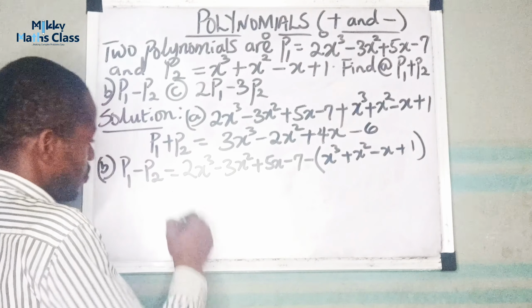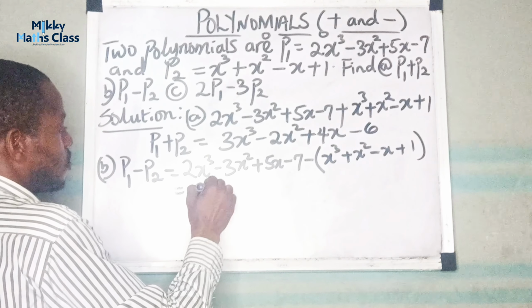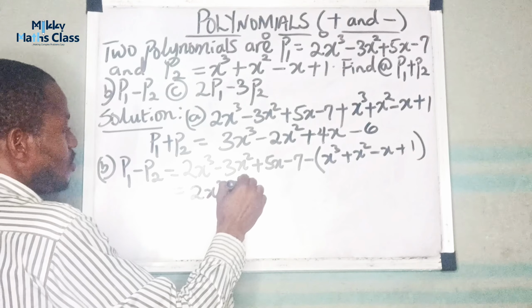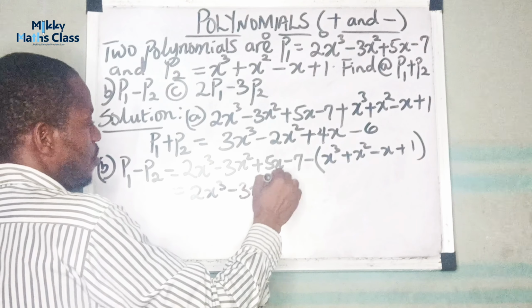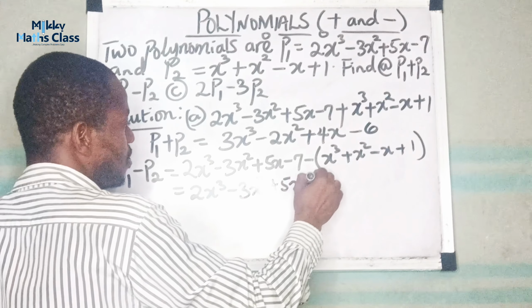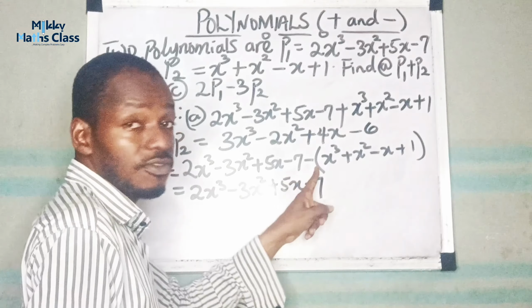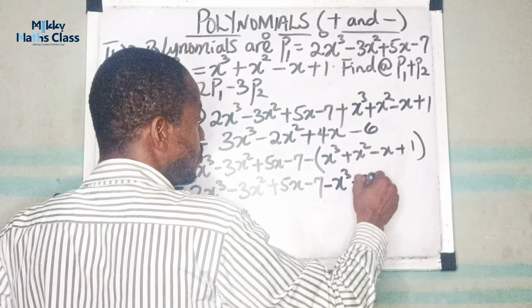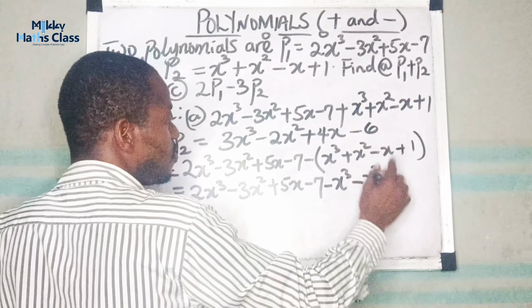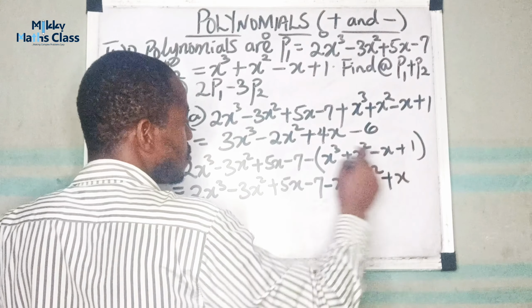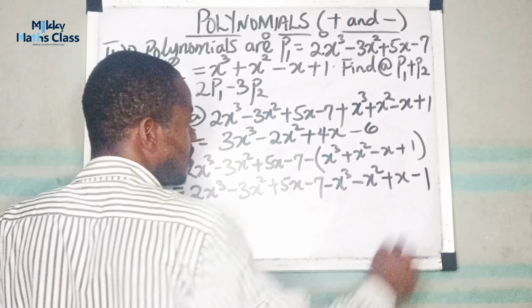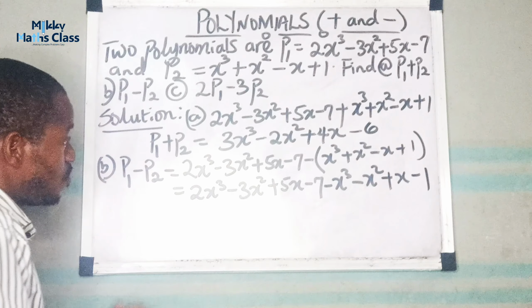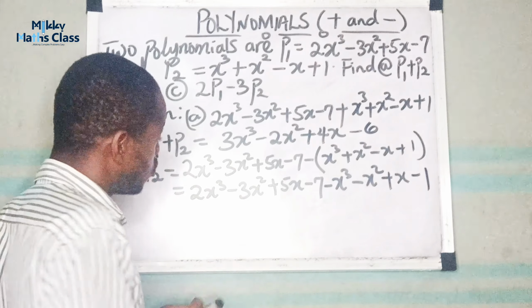So this becomes 2x raised to the power of 3 minus 3x squared plus 5x minus 7. This negative will affect everything in the bracket, so it becomes negative x cubed, negative x squared, negative times negative that will be positive x, negative times positive, that's negative 1.